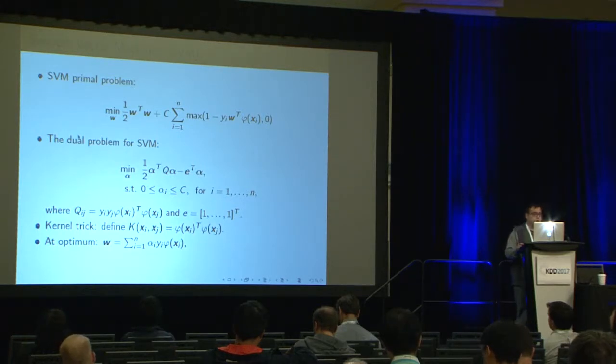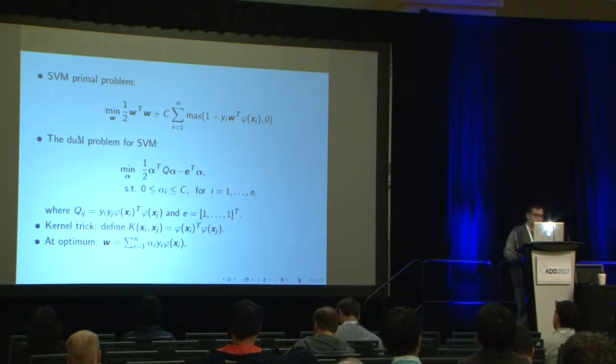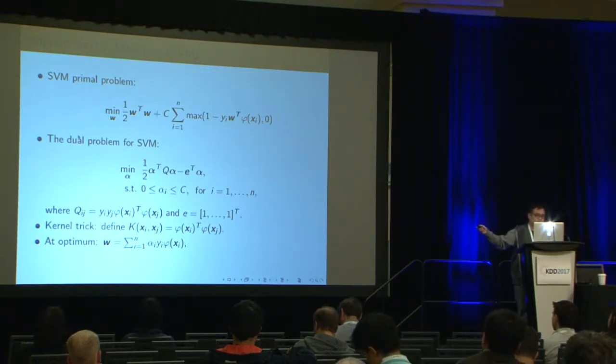The good thing about the dual problem, firstly, is that you have n variables, no matter how large the dimension you want to map to; you only need to solve a problem with n variables. Another good thing is you don't need to explicitly define your nonlinear mapping. The only thing you need in the dual problem is to define the Q matrix, and the Q matrix is only related to the inner product of phi(xi) and phi(xj).